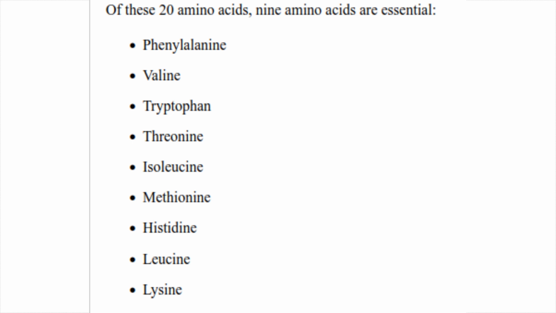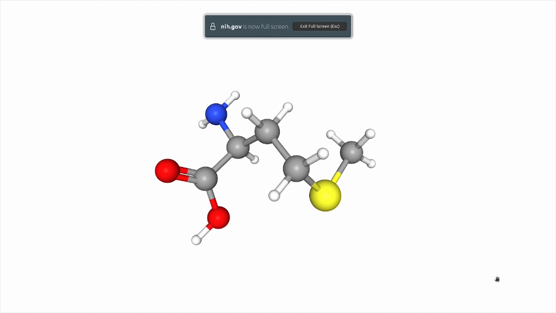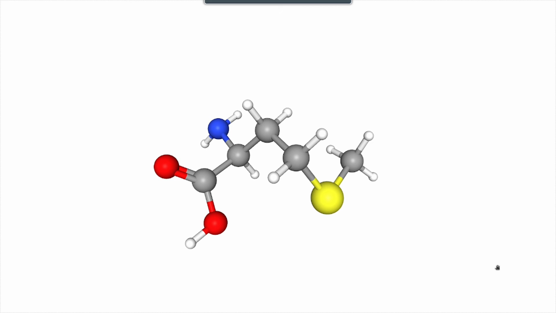In particular, histidine, isoleucine, leucine, methionine, phenylalanine, tryptophan, and valine are all essential amino acids, or only available via dietary intake. Your body cannot synthesize these, which means in order to make large proteins, you are going to need to have dietary supplementation of these particular amino acids, or they simply cannot be made.